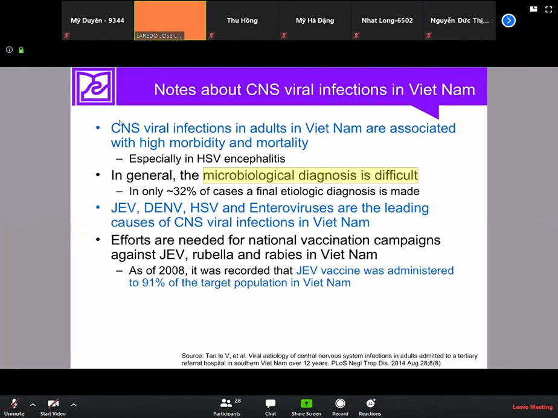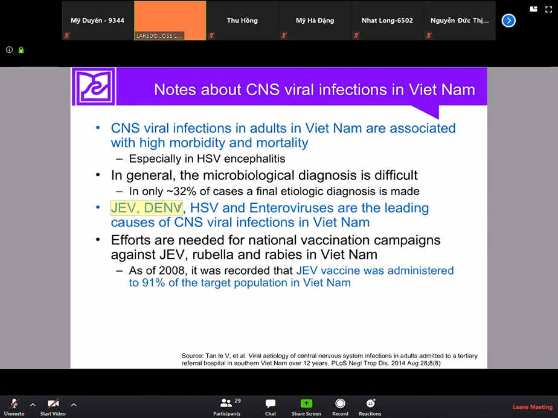We need PCR available against many different viruses, and that's only possible in some hospitals. So currently, just 32% of cases with viral encephalitis have a final etiologic diagnosis. In Vietnam, the most common causes of encephalitis are Japanese encephalitis virus, maybe the first, dengue virus, because dengue virus also causes encephalitis.